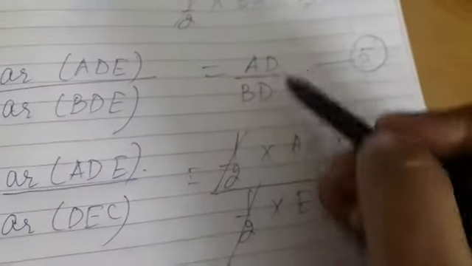Therefore we can write, hence AD upon DB or AD upon BD, it has the same meaning, is equal to AE upon EC.